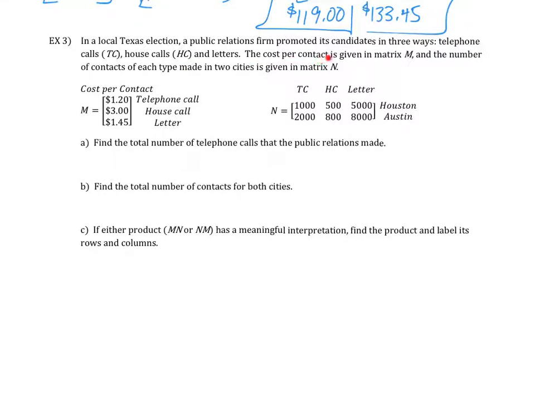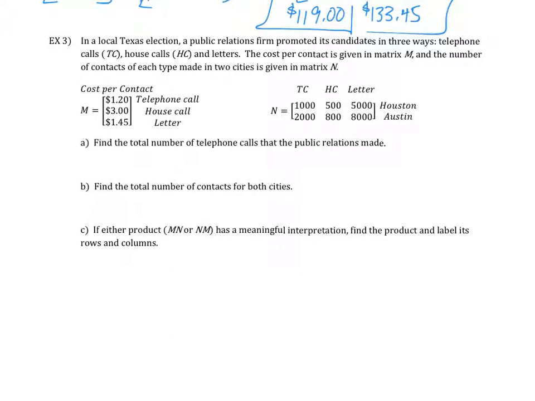The cost per contact is given in the matrix M, and the number of contacts of each type made in 2 cities is given in matrix N. So here are the costs for each type of communication, and here are the number of communications that went out for each of 2 different cities, Houston and Austin.